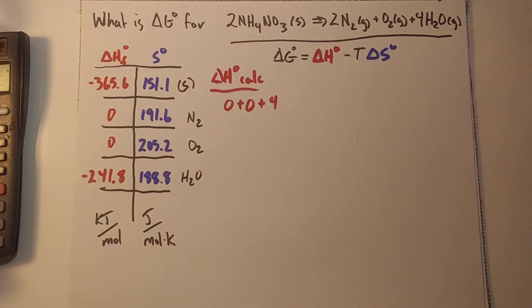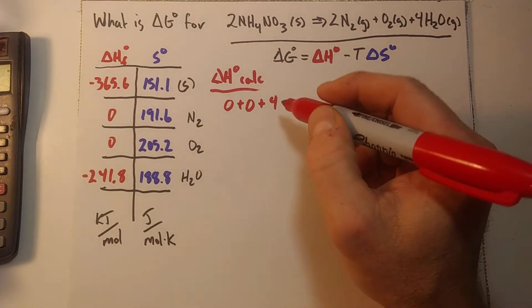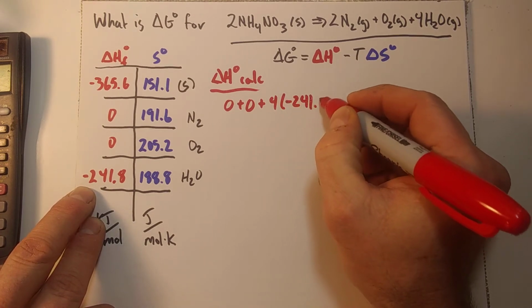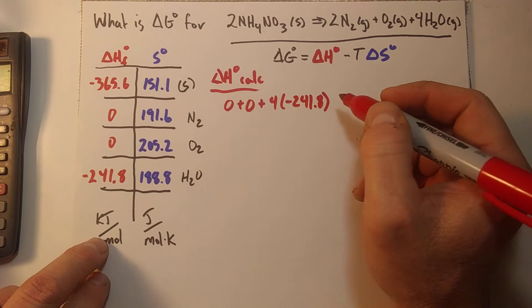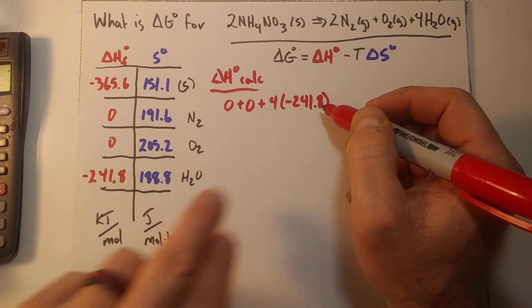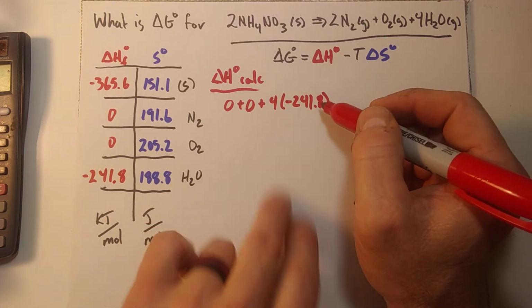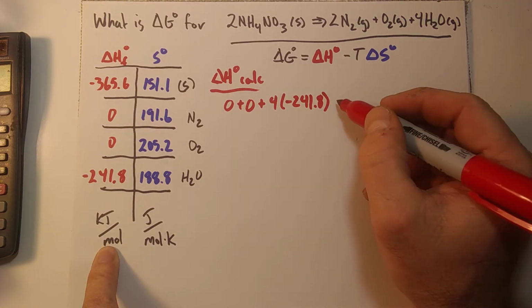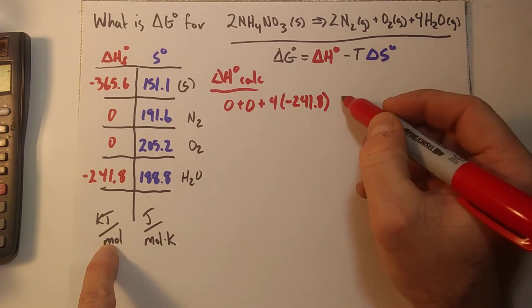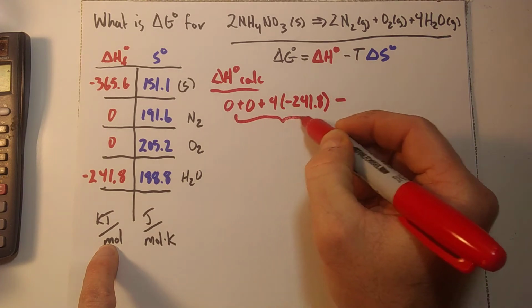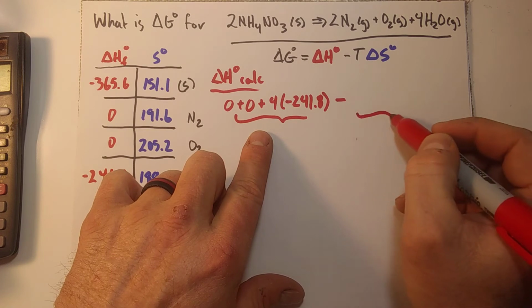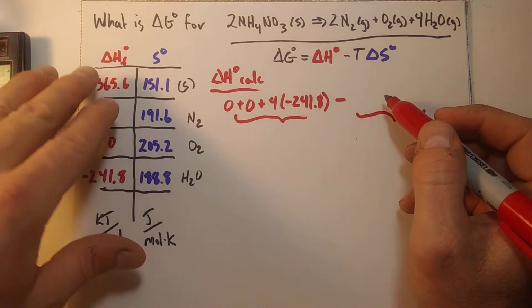I don't have enough room there. So we're going to take 4 times the minus 241.8, and I'm leaving units out, but these would be in kilojoules per mole. This is 4 moles times 241.8 kilojoules per mole, so the moles drop out. Now that's our product, but we sum all the products up, and we have to subtract the reagents' heats of formation.